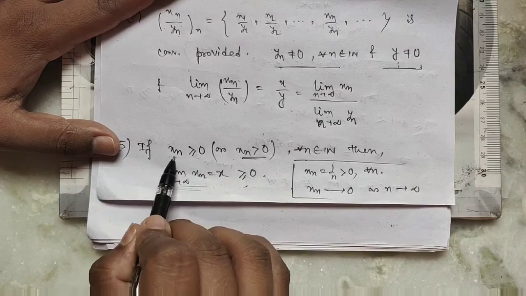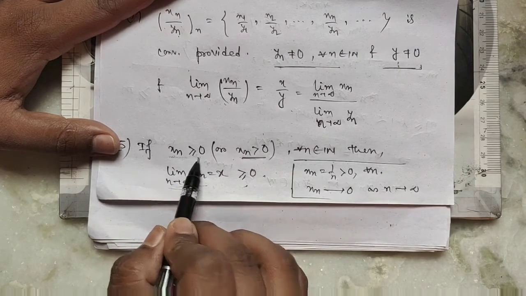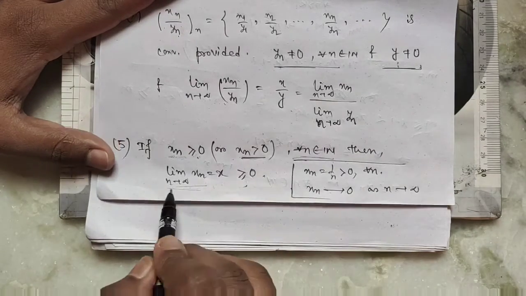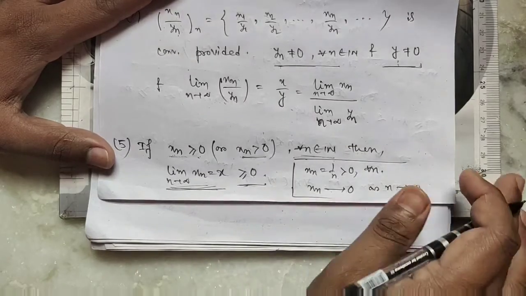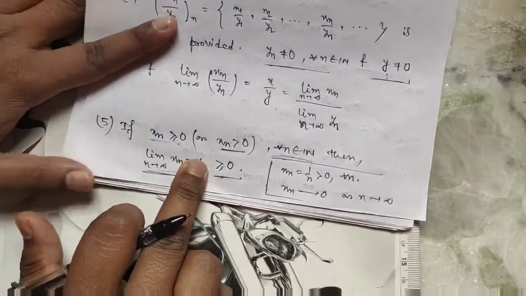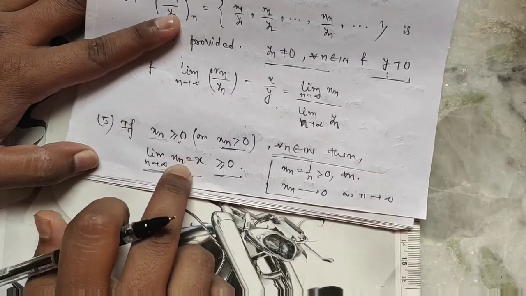So if each term of a sequence is non-negative or positive for all n, then the limit must be greater than or equal to 0. Similarly, this result is also true for less than or equal to.